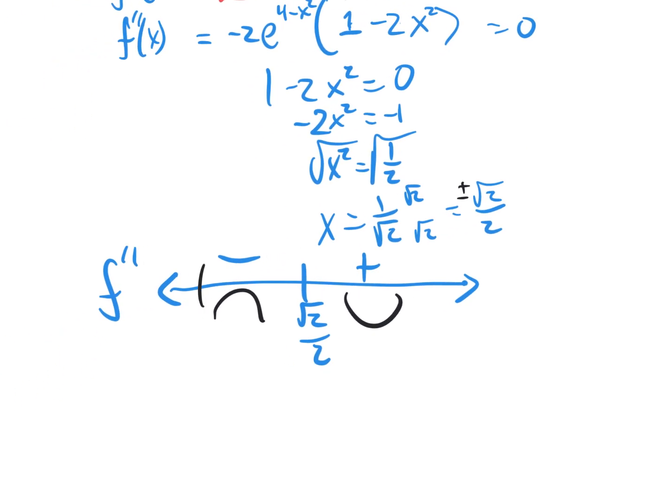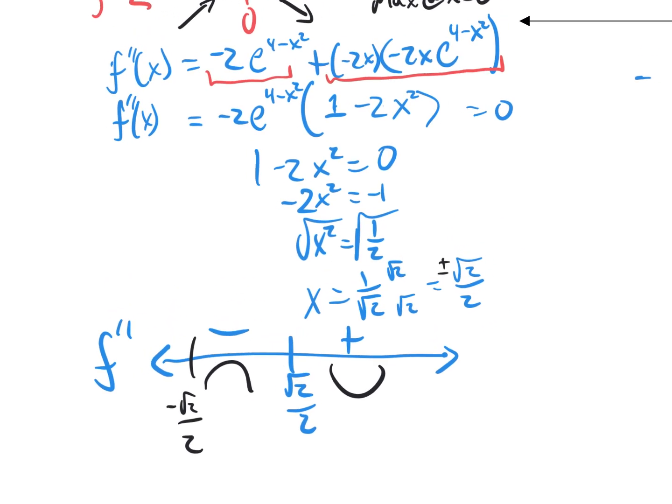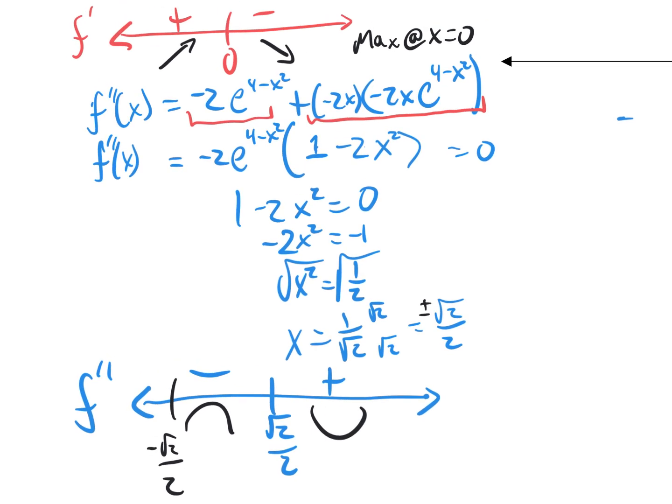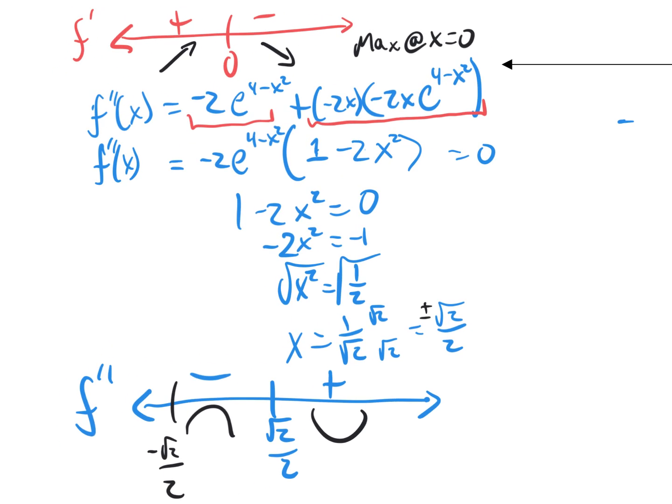So over here at negative square root of 2 over 2, if I pick a number like negative 1, and you plug in negative 1 to the second derivative, well, negative 1 is going to give us negative here, and negative here, it's going to be positive. Aha. So that's going to be concave up over there.